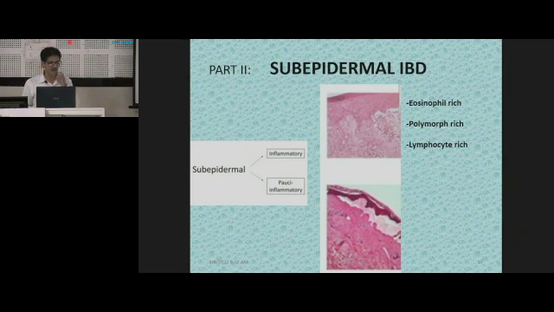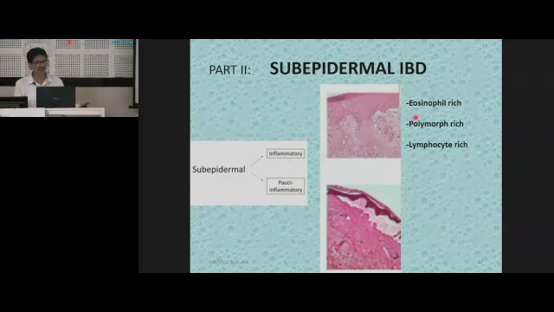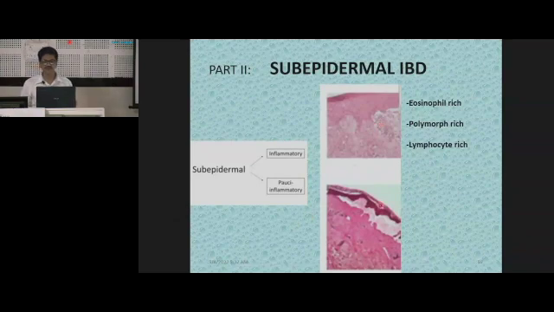Usually these are associated with inflammatory changes and one or the other type of cell infiltrate is seen, but only a few cells have a very specific presence, otherwise there is overlap here also. So there are eosinophil rich, polymorph rich or lymphocyte rich inflammatory subepidermal immunobullous disorders and some quasi-inflammatory.